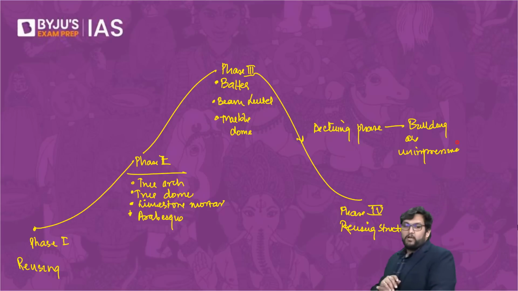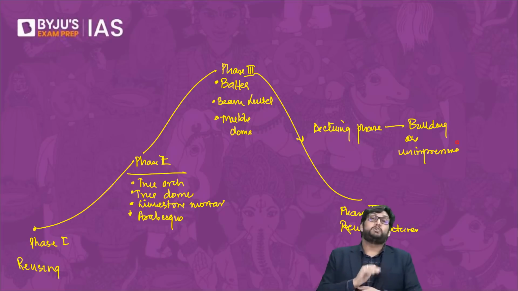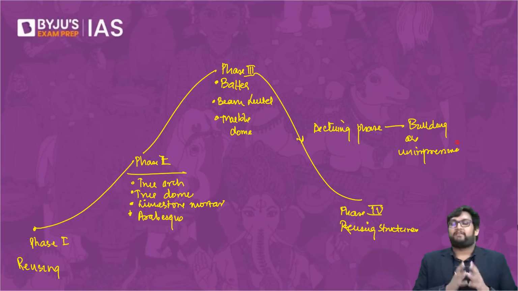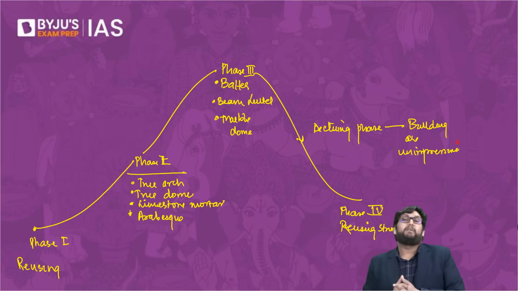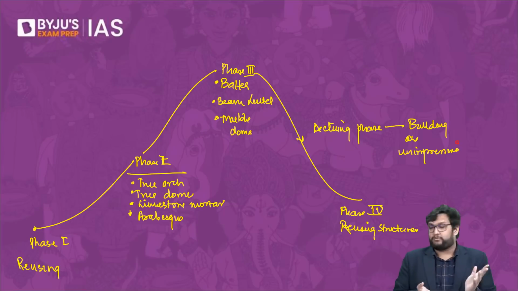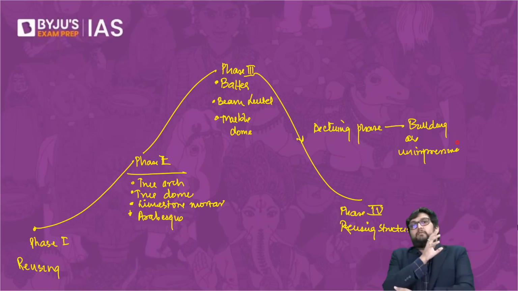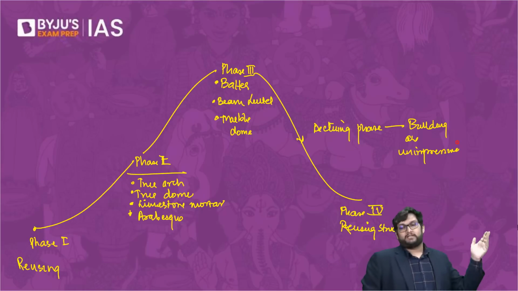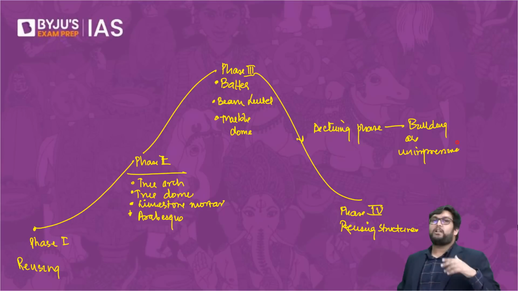And where it went was towards a new phase, wherein with the rise of the Delhi Sultanate, two devices which were previously known in India but not properly used, like gunpowder, like how Babur used it later, true arch, true domes, arabesque becomes a very standard thing with limestone mortar that allows the Delhi Sultanate to create the Qutub complex, the Siri Fort, the Firoz Shah Kotla, the whole Siri Fort sector itself, Adilabad, Tughlaqabad, Firozabad, all these things. And thereafter, we go into that declining phase where we see that all this will go down.